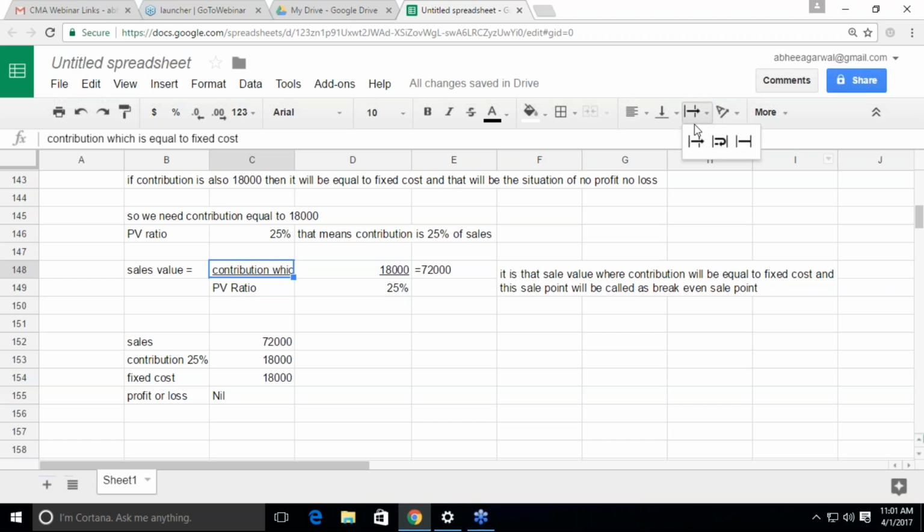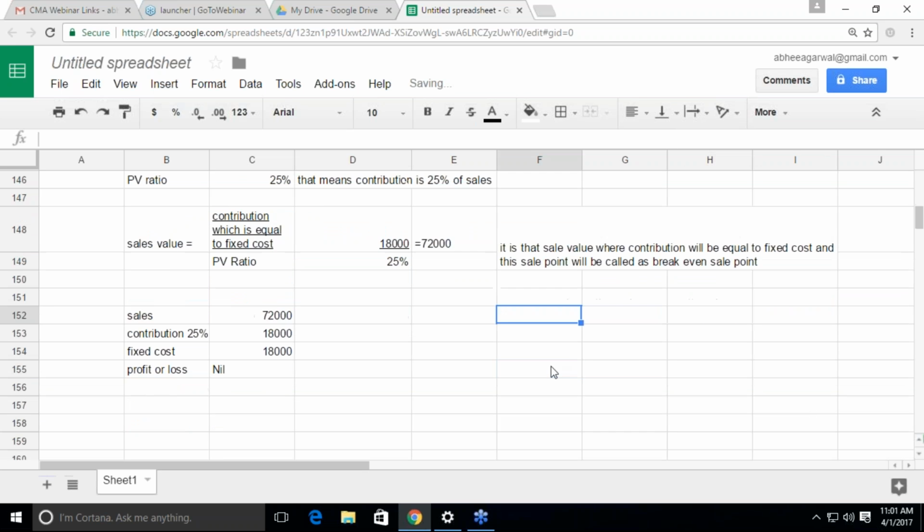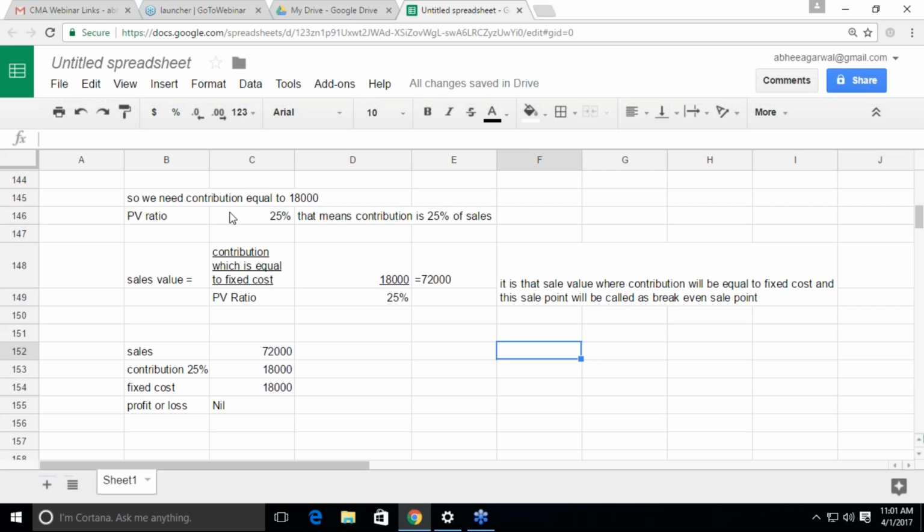We want that kind of contribution which is equal to fixed cost. So finally, by this calculation, I can formalize the break-even point. So the formula of break-even point I have derived. The formula of break-even point is fixed cost divided by PV ratio.